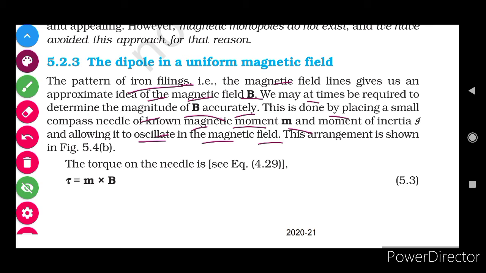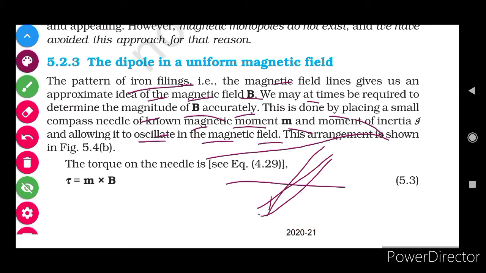The magnetic moment of this compass will be known to us, and its moment of inertia will also be known to us.